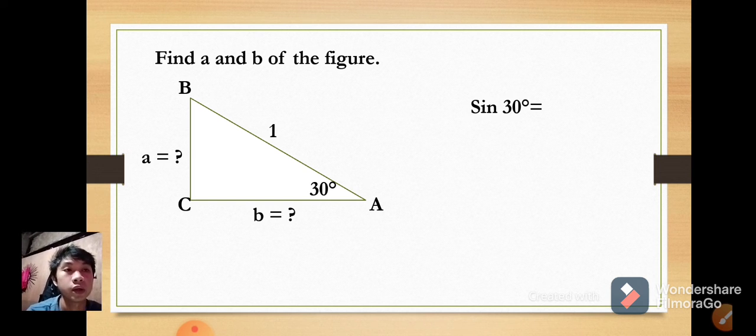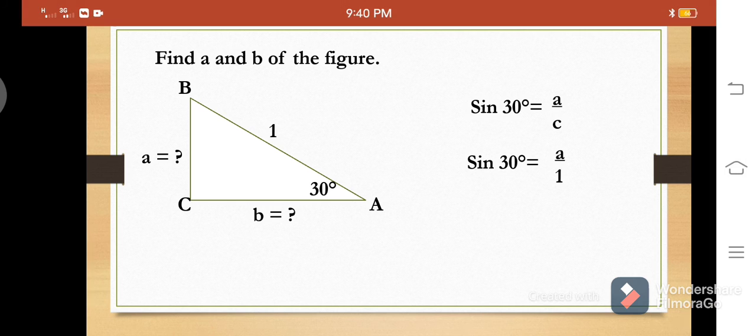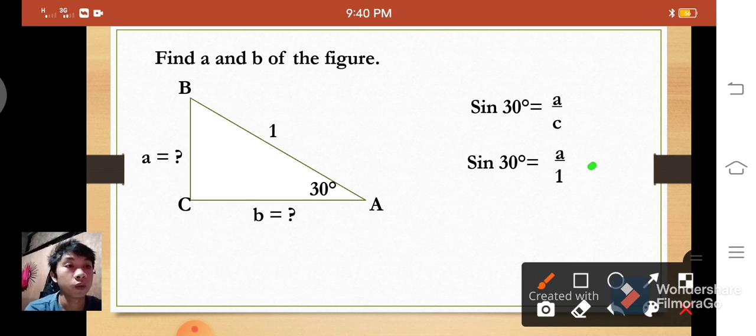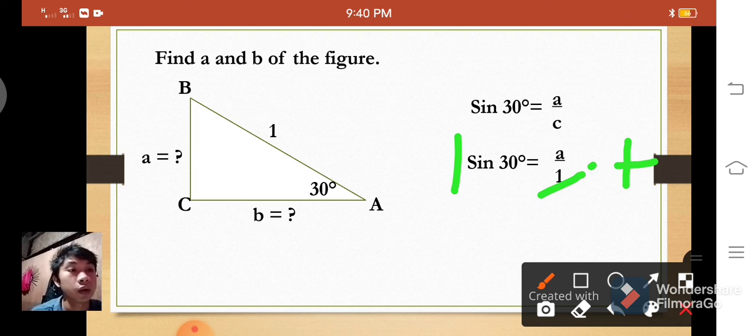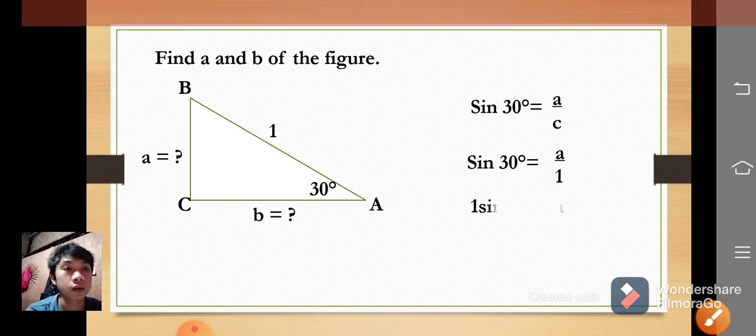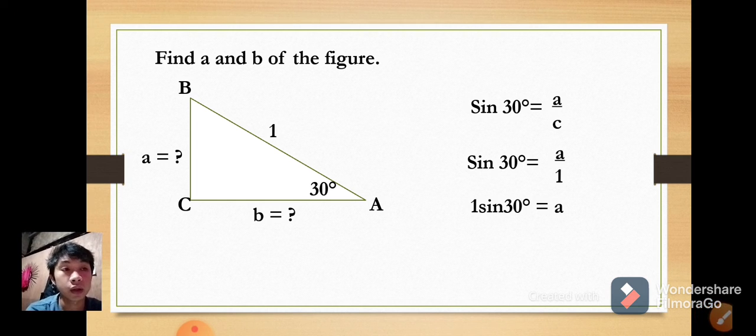So we have sine 30 is equal to A over C. Sine 30 is equal to A over 1. Then multiply both sides by 1 and cancel out 1. So we have 1 sine 30 is equal to A. 1 sine 30 is equal to 1/2. So our A is 1/2.